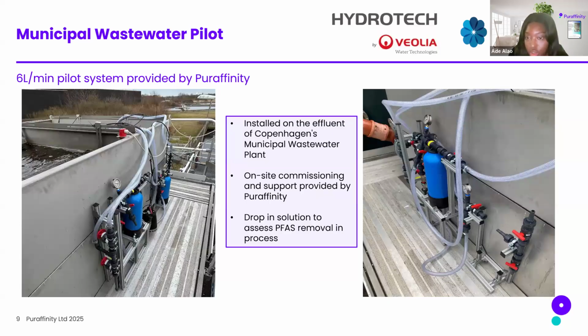And then we can end on this question. If my utility wants to get started, what are the first steps we should take and what would be the timeline of the process? Yeah, that's a good question. I think you need to know what your PFAS levels are. You might not even need to treat if you're below the 100 nanogram per liter threshold.